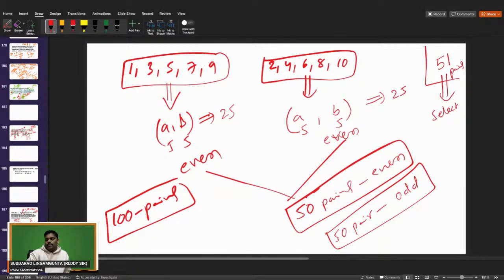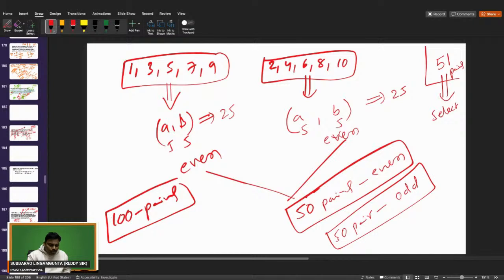I pick one pair randomly, it may be an even pair. If you are lucky, one pair is enough, but to make sure it is correct every time, minimum 51 pairs you have to select.